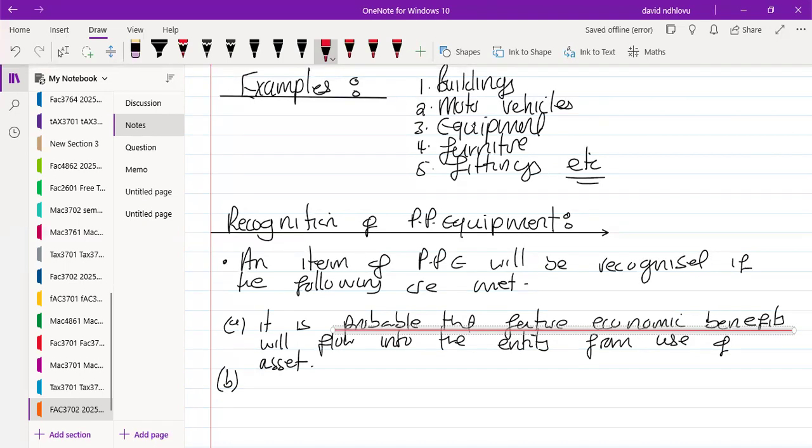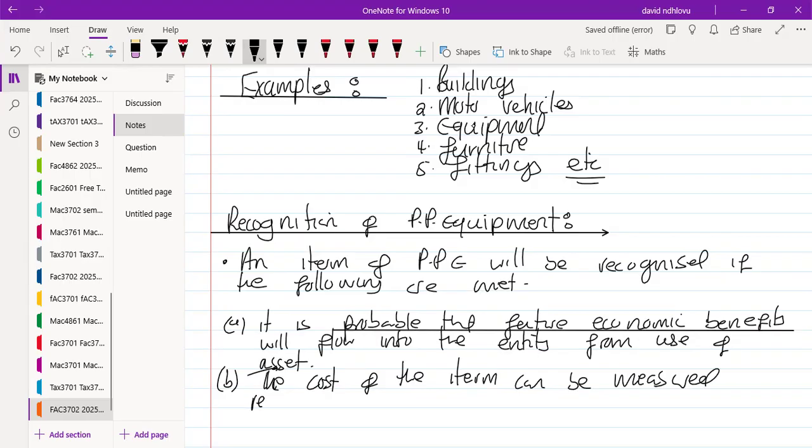Right, number B, the cost of the asset can be measured reliably. Right? The cost of the item, which is the asset here, can be measured reliably.